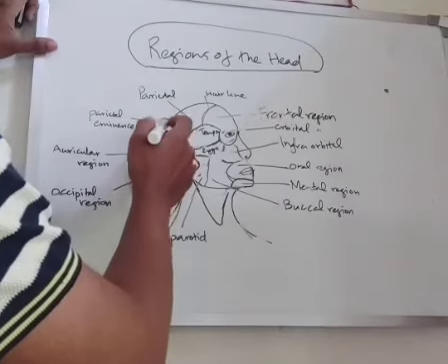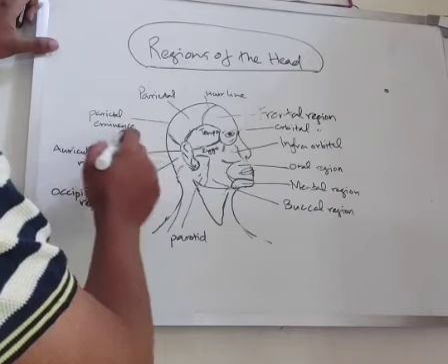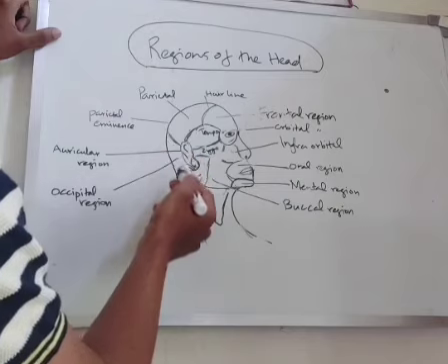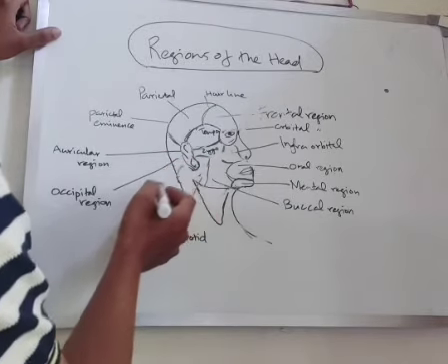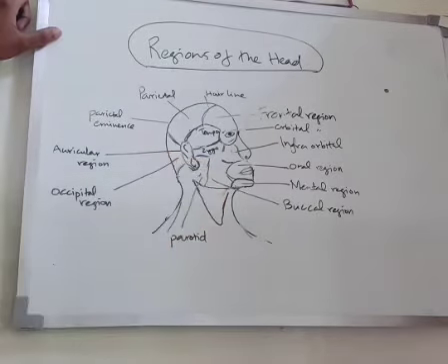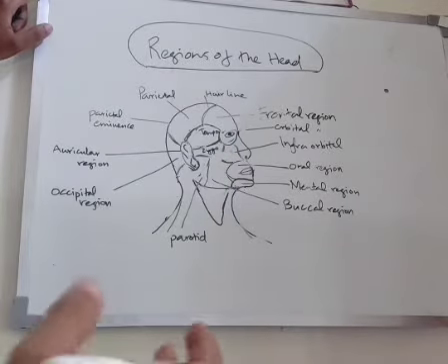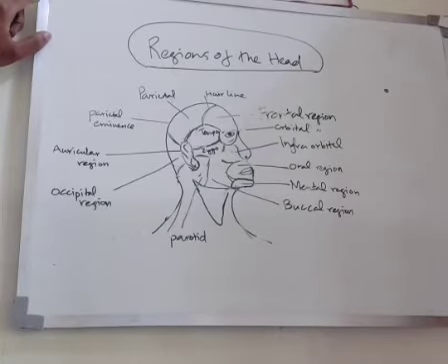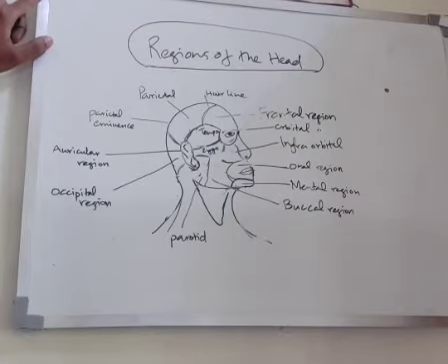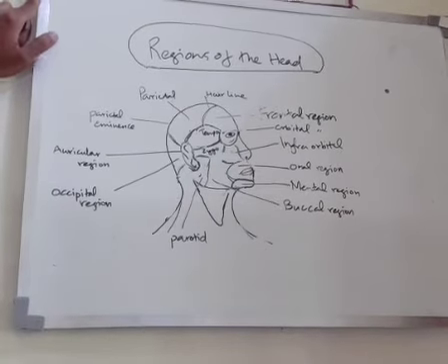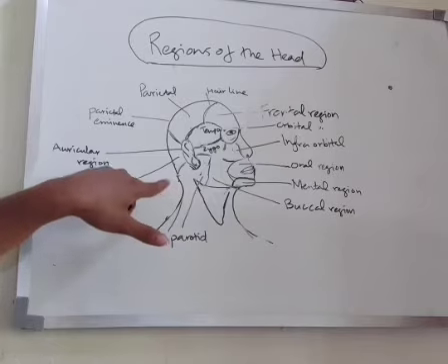This is the parietal eminence, and behind it will be the region, above the external occipital protuberance and superior nuchal lines. The external occipital protuberance can be seen here.